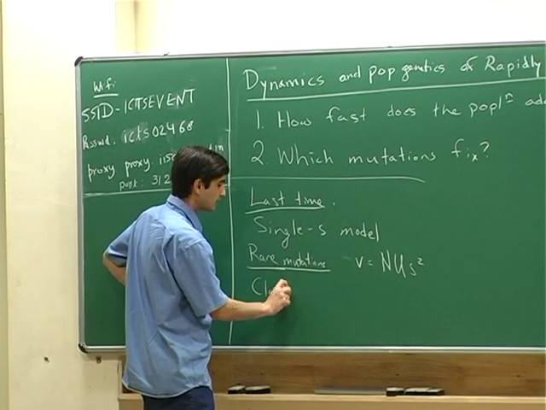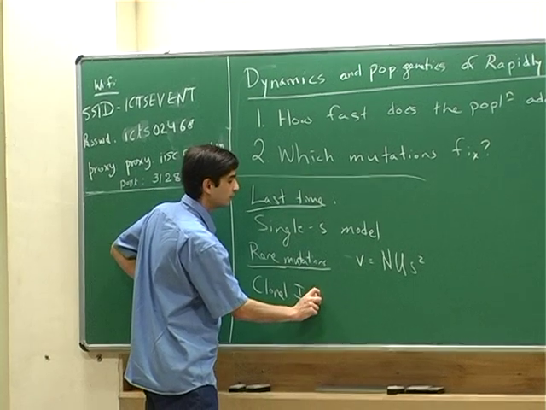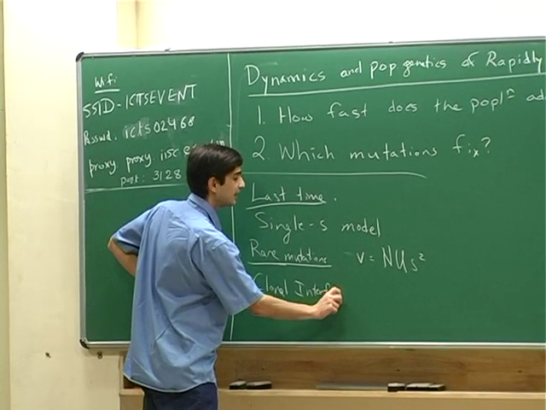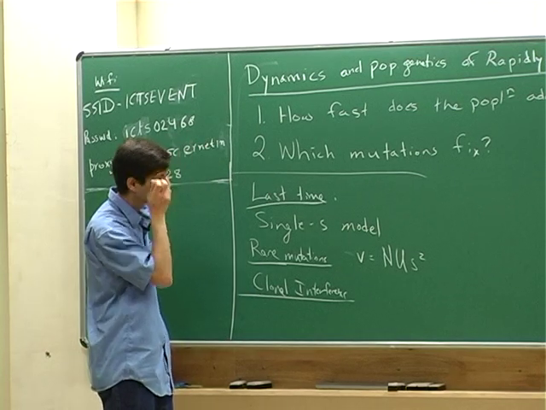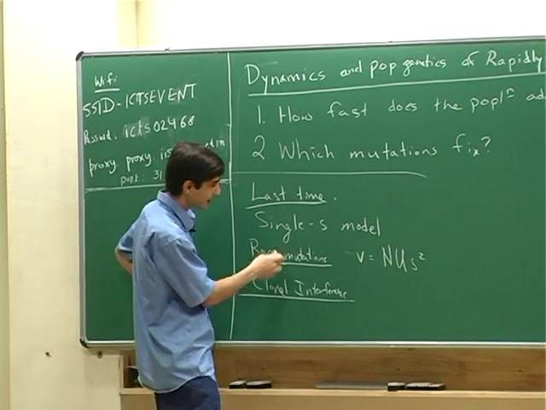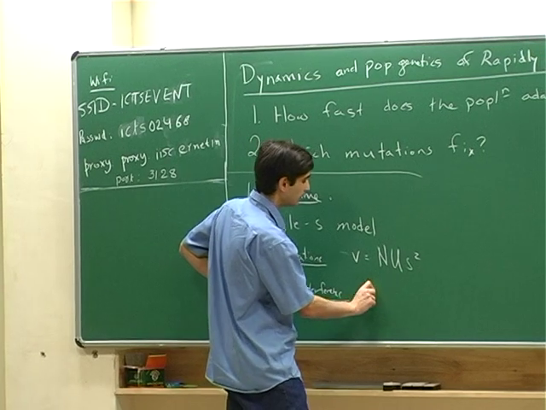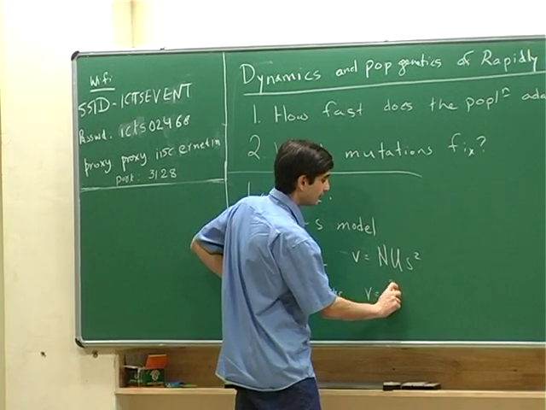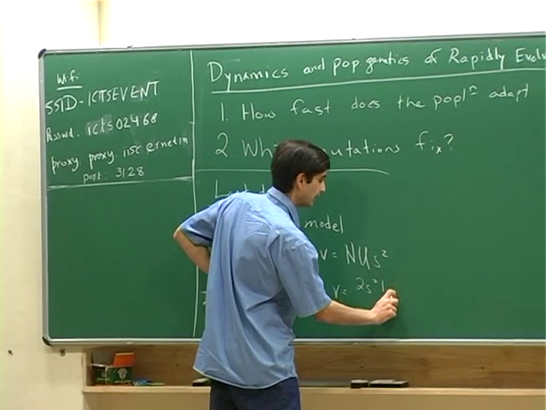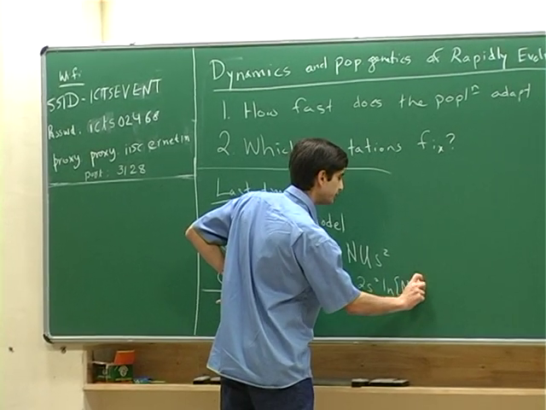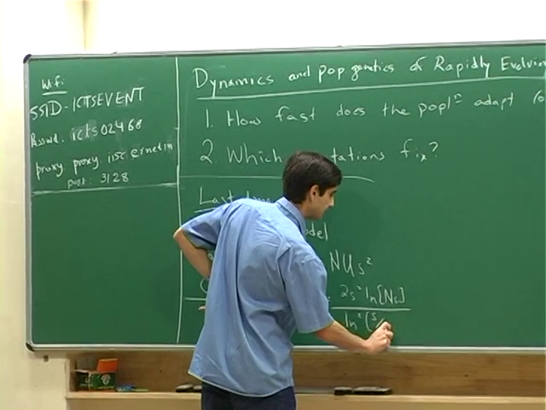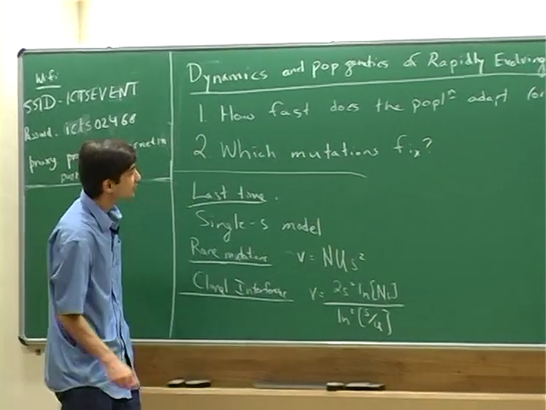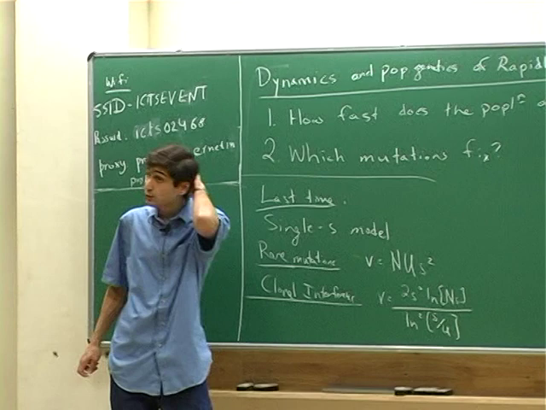And when mutations are not rare, which as we argued would be the case in essentially any reasonable microbial evolution experiment other than those specifically designed to be in this regime, we found a very different result, which is logarithmic in the population size and mutation rate.